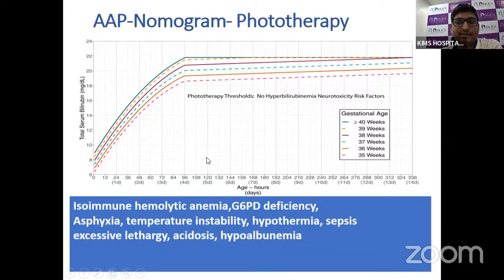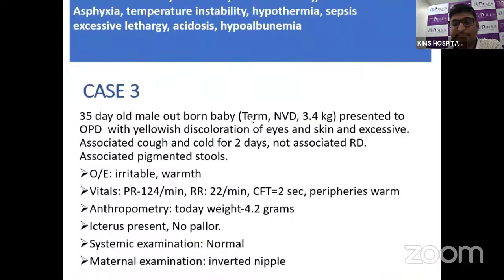So we need to correct the risk factors, the feeding issues, and take care of hydration, by IV or by adequate breastfeeding or other methods. Meanwhile, monitor the child, establish the risk factors like feeding issues, and look at the bilirubin levels. Whenever it exceeds the threshold, we can start phototherapy.